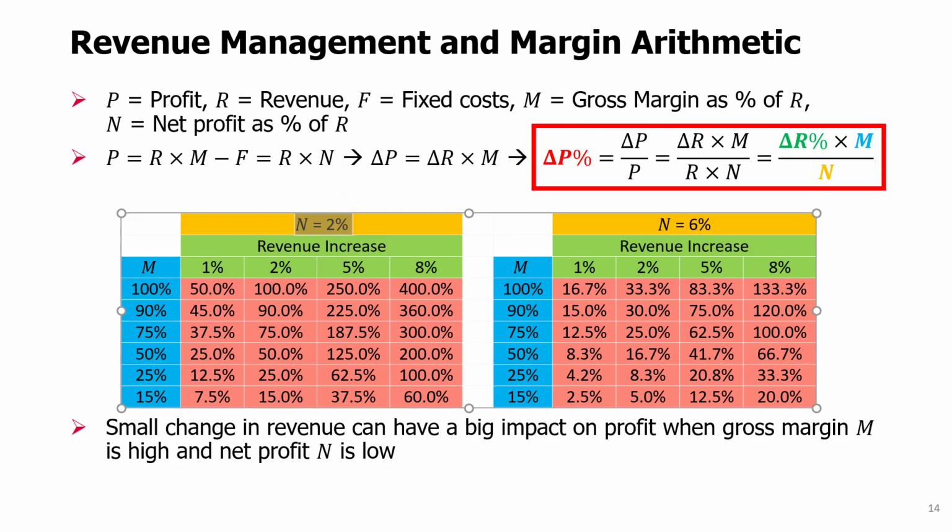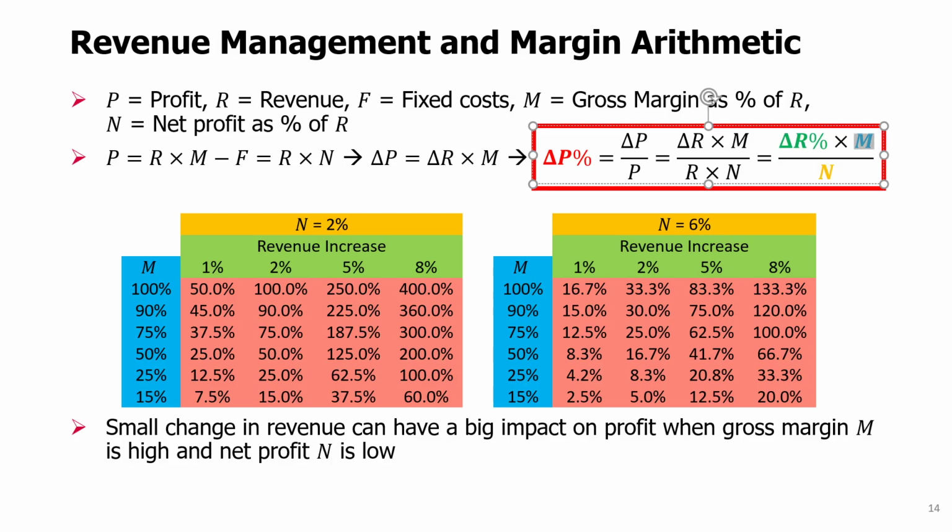And here we have this formula calculated for different assumptions. This is the table for N of 2%, so net margin is just 2%. The gross margin here varies from 15% all the way to 100%. 100% would be basically where we have a variable cost of 0. So what I want you to see is, let's say the revenue increases by 2% and gross margin is 75% and net margin is 2%. It's 75% in the numerator and 2% in the denominator. So there is a big magnifying factor here.